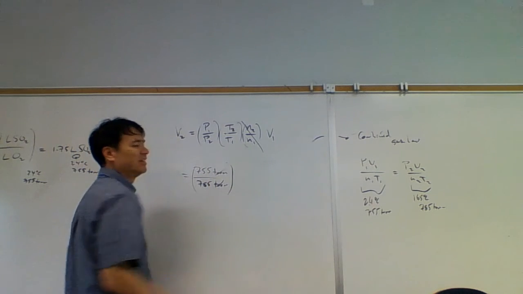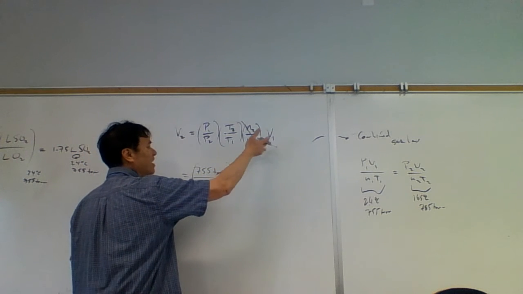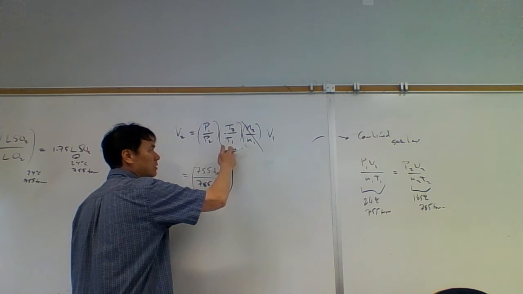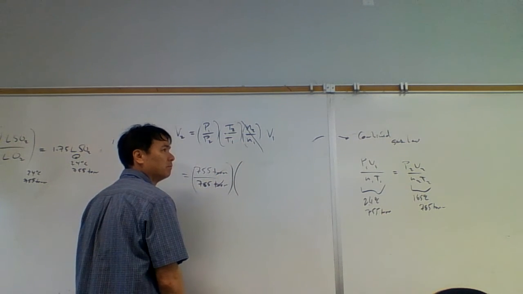Do we have to convert it into Kelvin? Well, the units cancel out for degrees C, but there's a big problem. What if it's 0 degrees C? If it's in the numerator, we get 0 volume, which mathematically is okay, but if T1 is 0 degrees C, which is a possible temperature, then this is undefined. And so the temperature must be in Kelvin.